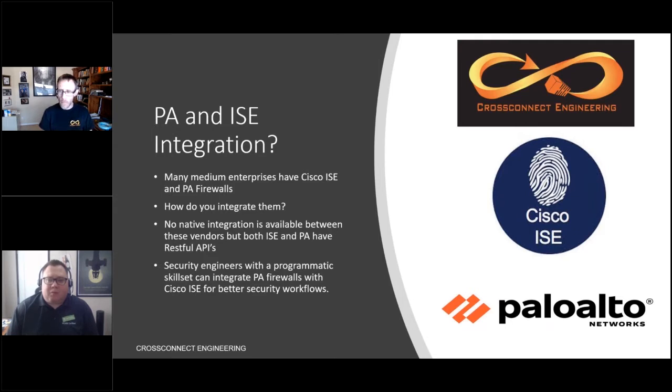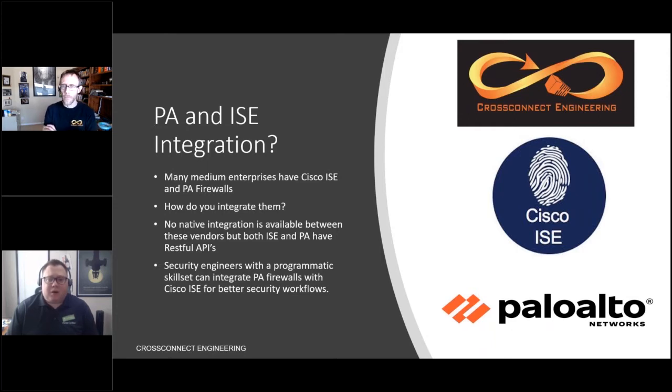Oftentimes, when reacting to an issue, we see that a great security control like Palo Alto and some of its features like DNS security can block something from happening, but it might take days, weeks, or in the worst case scenario, never for us to find out about that action taking place, because especially in the medium enterprise, our logging and our ability to react to that logging may be lacking.